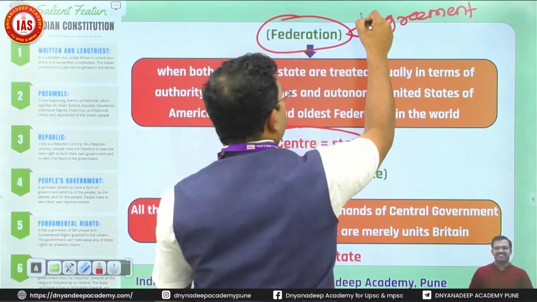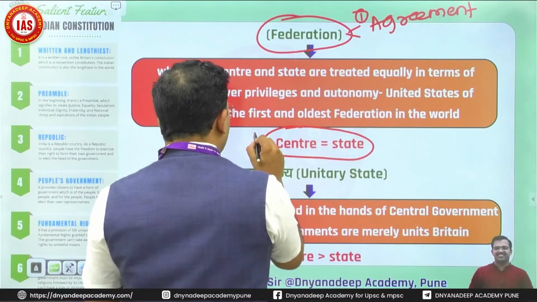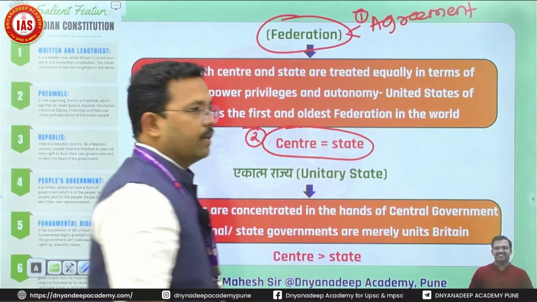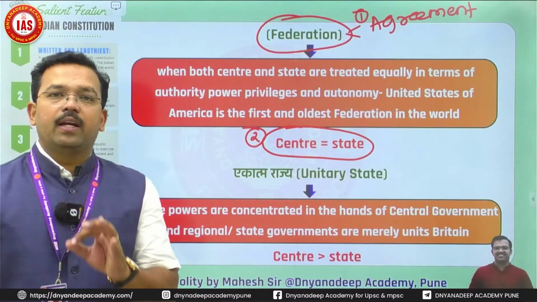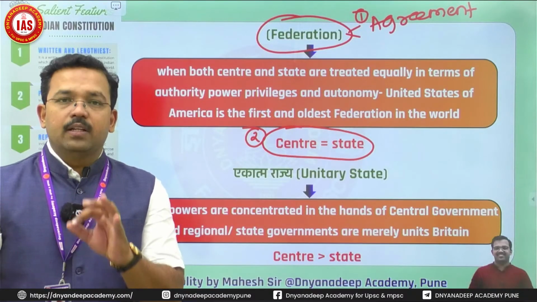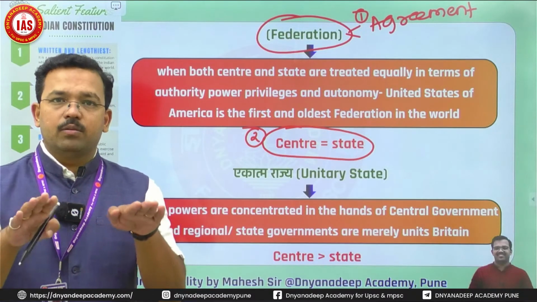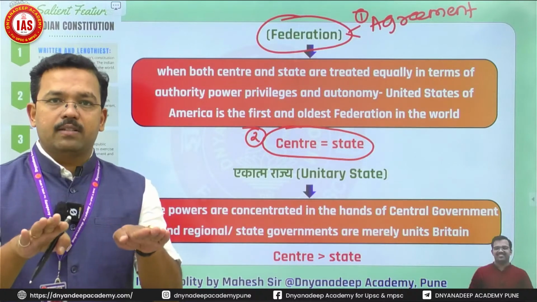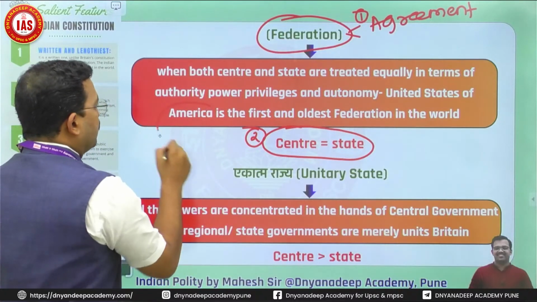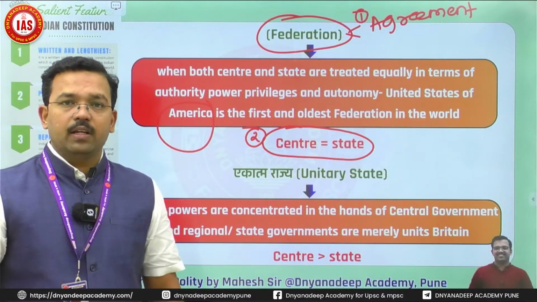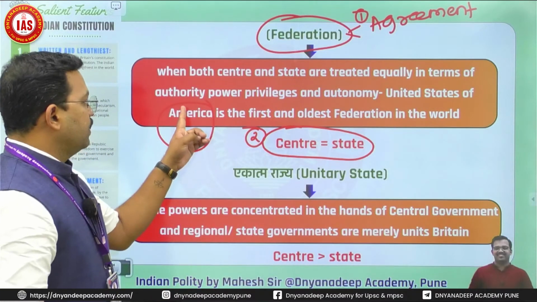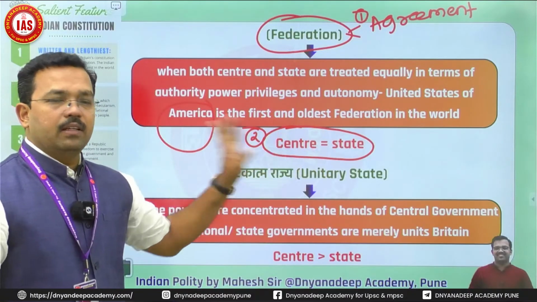So the first important word is agreement, the second important word is center is equal to state. That's why America is one of the first and oldest federations in the world. Clear? Basically here states have equal rights with the center.